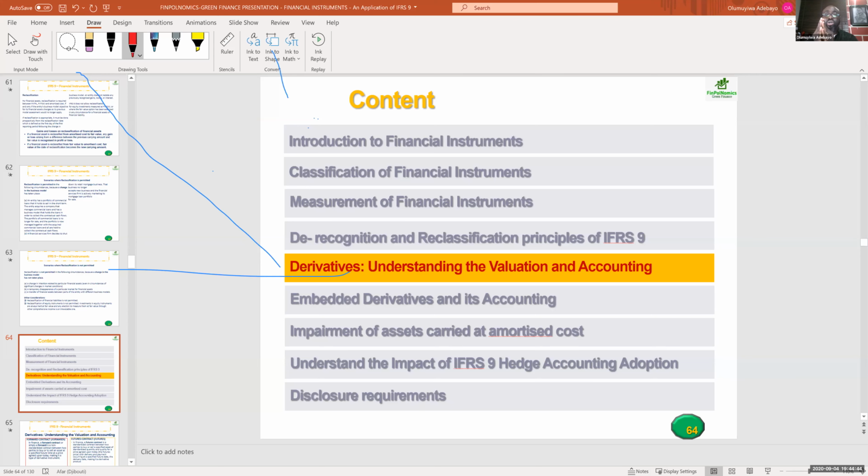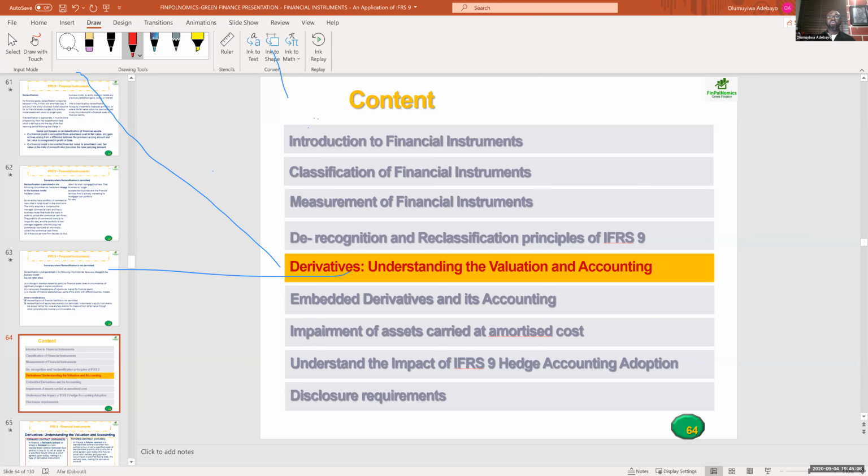Two days ago, which was part 1, we more or less introduced derivatives. We said a derivative is a special form of financial instrument. Why is it special? Because a derivative has no value of its own. Rather, it relies on the movement in the value of other variables, which we call the underlying.